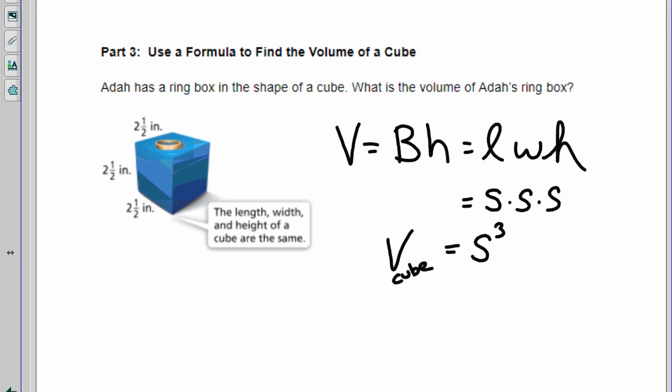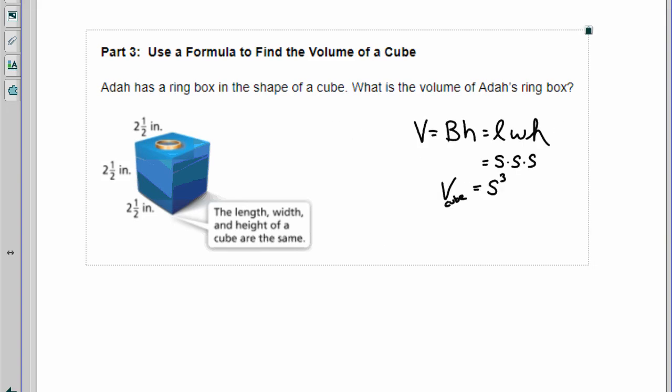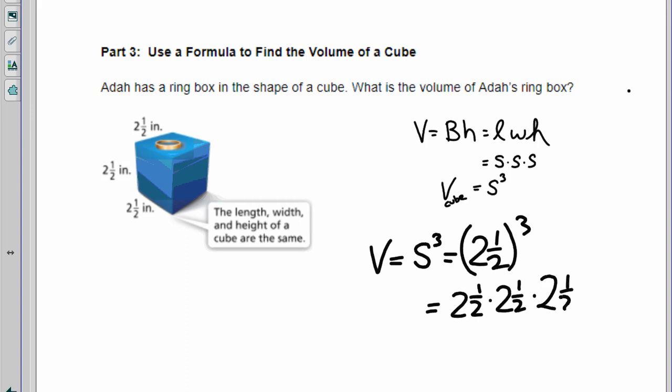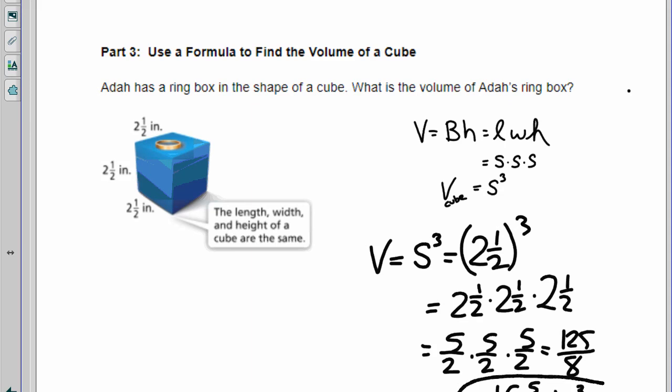So for this one, my volume is side cubed, or you could do length times width times height. Anyway, it's 2 1/2 cubed, which is 2 1/2 times 2 1/2 times 2 1/2. And in the end, I got 15 5/8 inches cubed. Did I say cubed? Yes, I did.